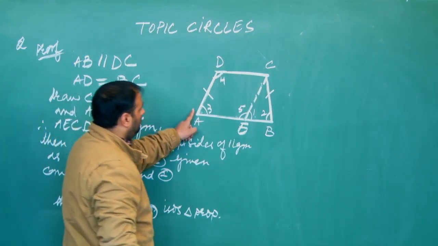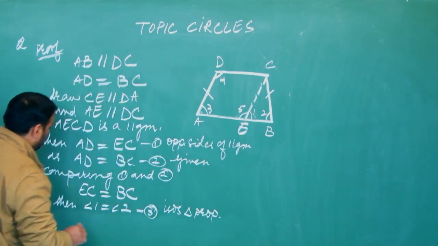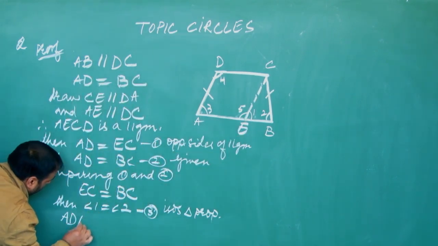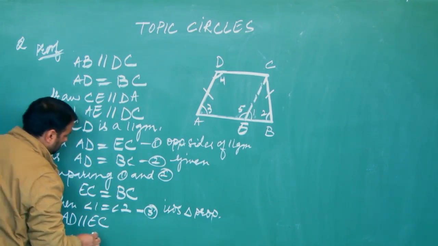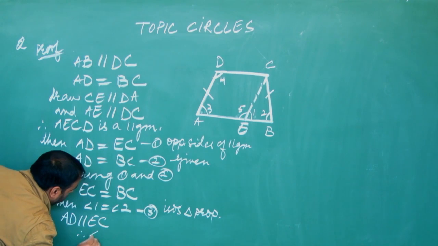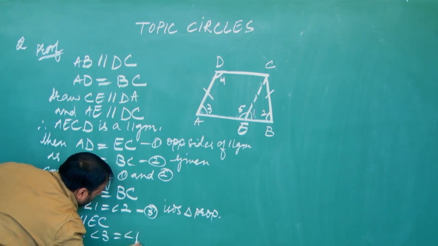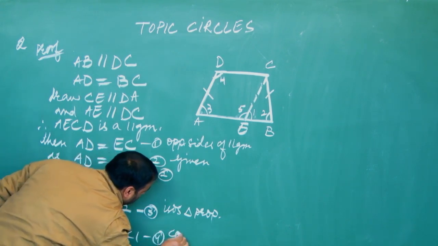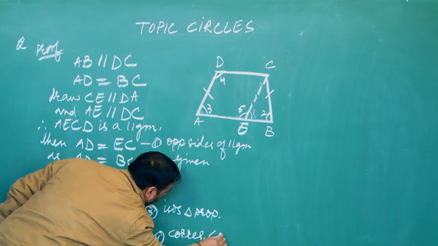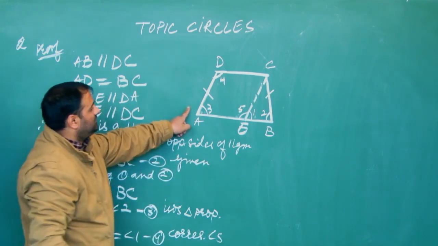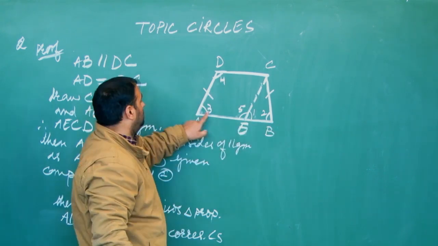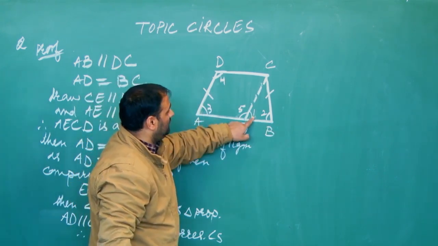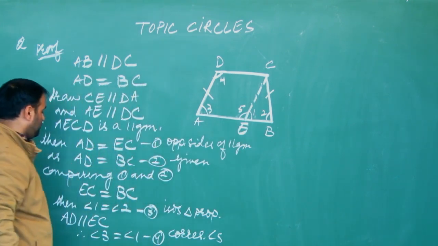Now, again AD is parallel to EC. Therefore, angle 3 is equal to angle 1. This is corresponding angles. Because AD is parallel to EC and AB forms a transversal, then this angle 3 is equal to this angle 1 because they form corresponding angles.